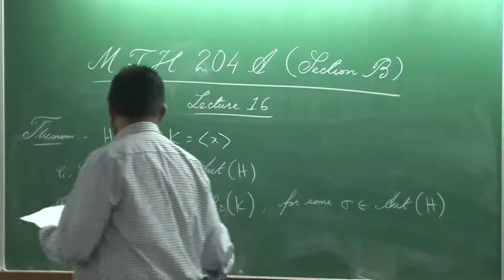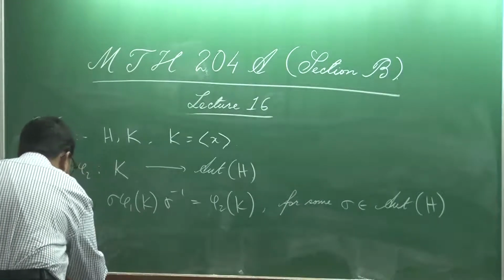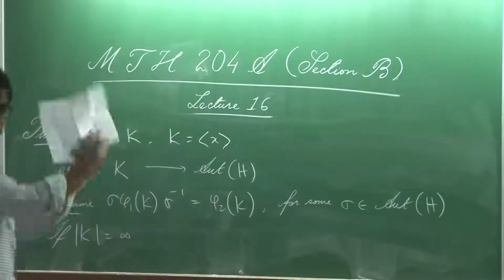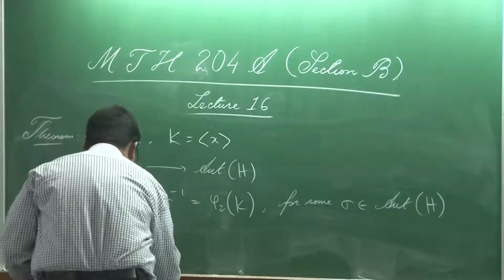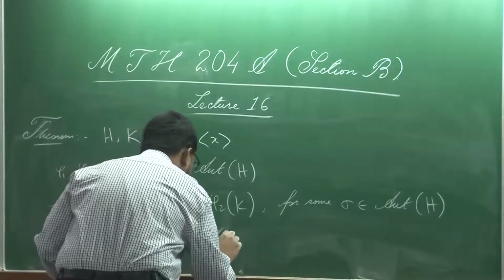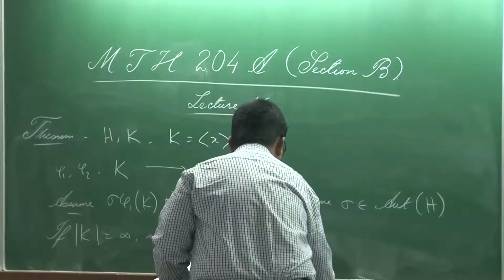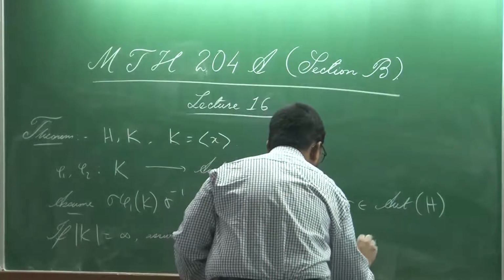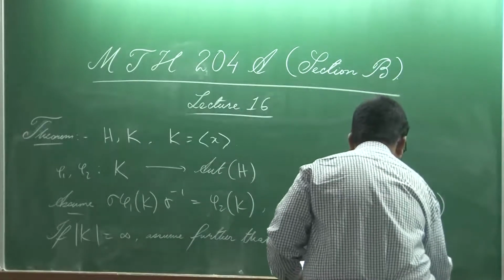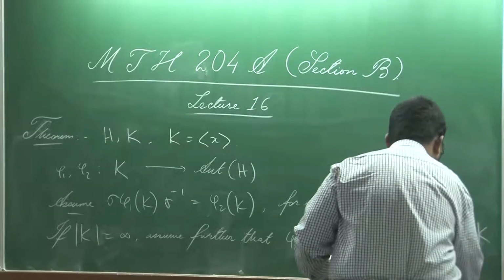If K is infinite, assume further that both are injective. If K is finite, you do not even need that assumption. Then the theorem says the semidirect products will be isomorphic.